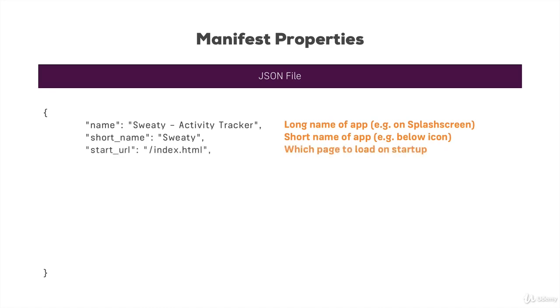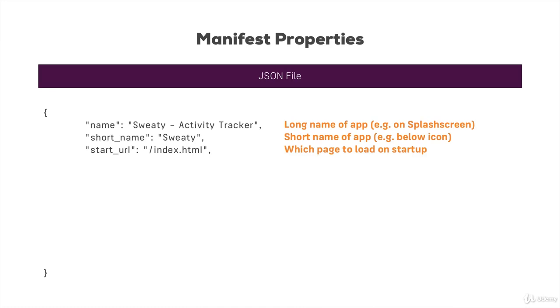Now we can also specify a start URL, which basically means which page should get loaded on startup when we tap this app icon. Now, this does not mean that if we visit this page, let's say via Google, on a given URL which links to a specific blog post, that we wouldn't load that post. We do.